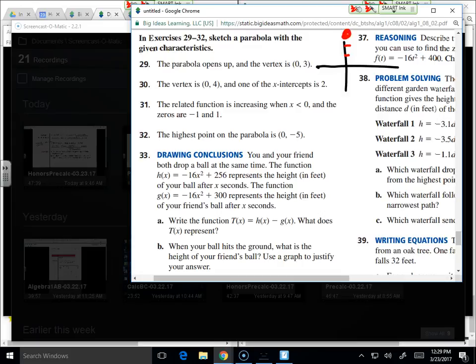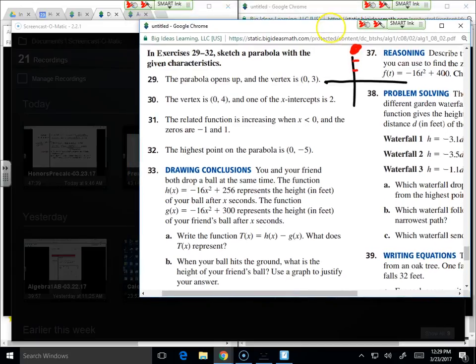You don't even have to do an equation, actually. But you could say x squared plus 3. All we need to do is put this point where they said, and say he's concave up. That's it. I was just confused on how to do it. It was kind of like they only gave you a certain number of clues, and you just did the best you could with it in a graph.